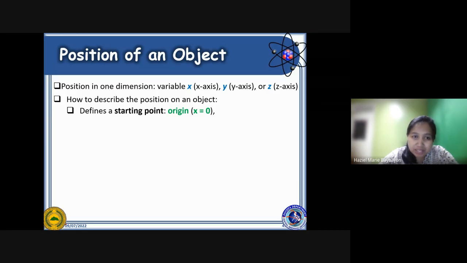So first is we have to define a starting point, or shall we say origin. Okay, so it is important that we know the origin, or we have to locate the origin. Okay, and then after locating the origin, we can then locate the object relative to the origin.